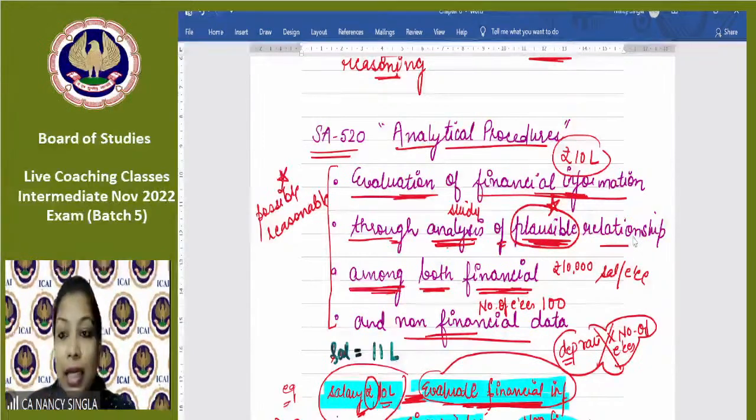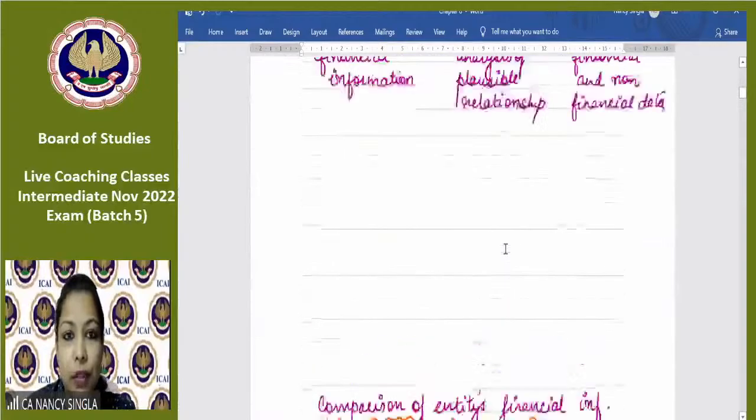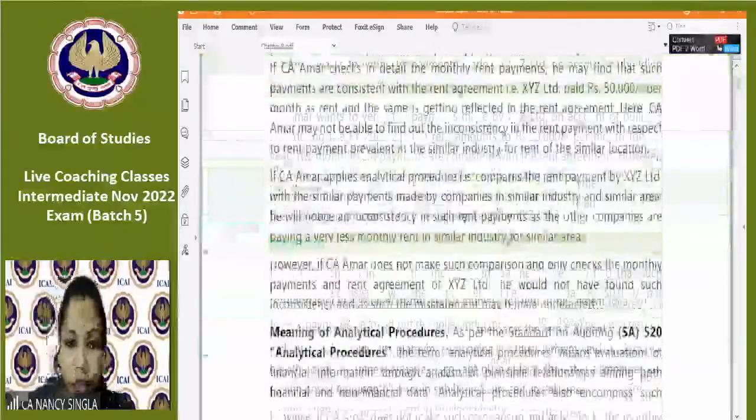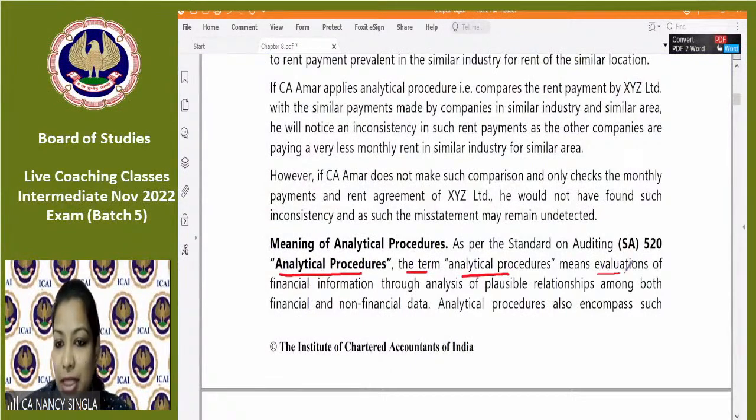So I told you that analytical procedure is not only limited to evaluating the financial information. If any identified fluctuation is there, that also needs to be examined. So let us have a look at that also from your module. This definition, SA 520, the name is analytical procedure. The term analytical procedure means evaluation of financial information.